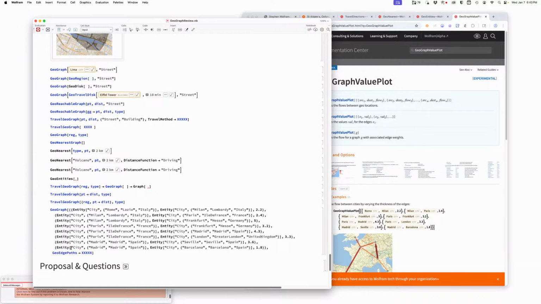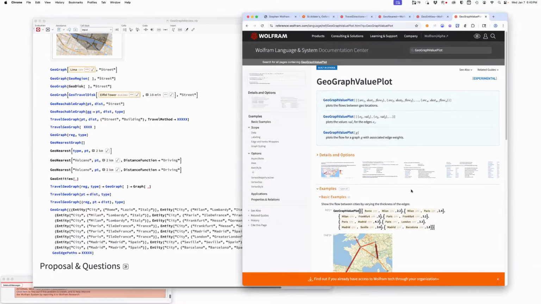Then GeoGraph is fundamentally inert. What would GeoGraph display? How would GeoGraph display? You type it in, what's it going to display? I think what it should display is something without a base map. So in other words, GeoGraph plot is something that adds extra stuff. What I'm suggesting here is, hold on.